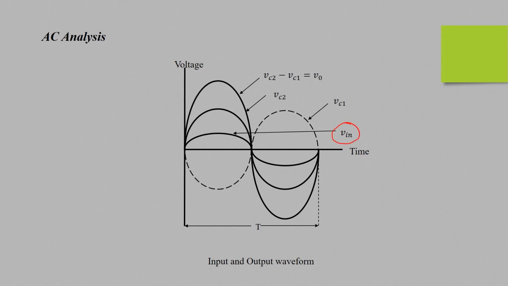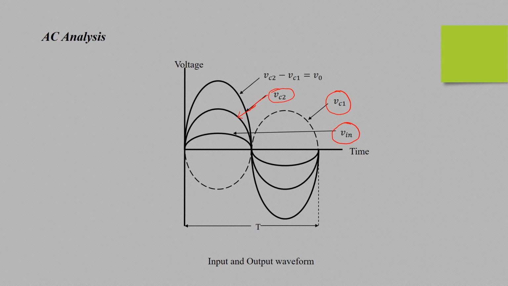When we take the output from the collector of transistor 1, this is out of phase with the input signal. When we take the output from the collector of transistor 2, this is amplified and in phase with the input.